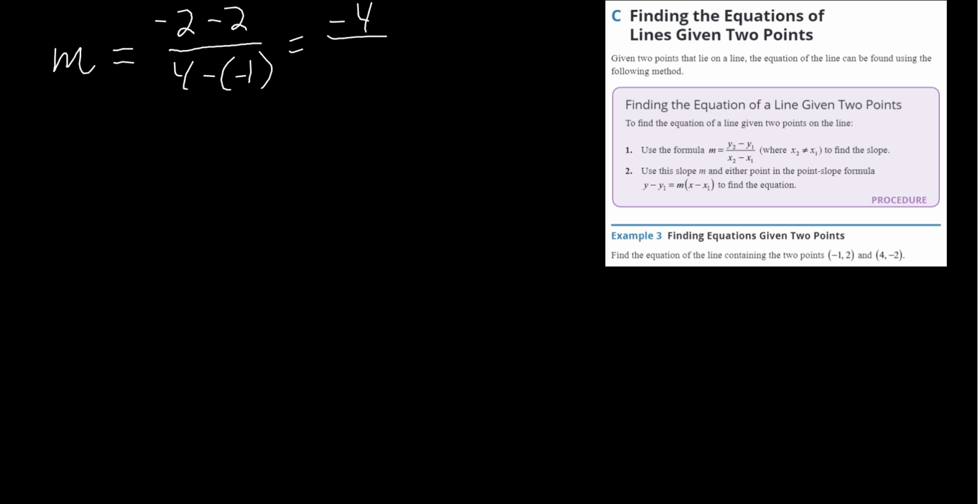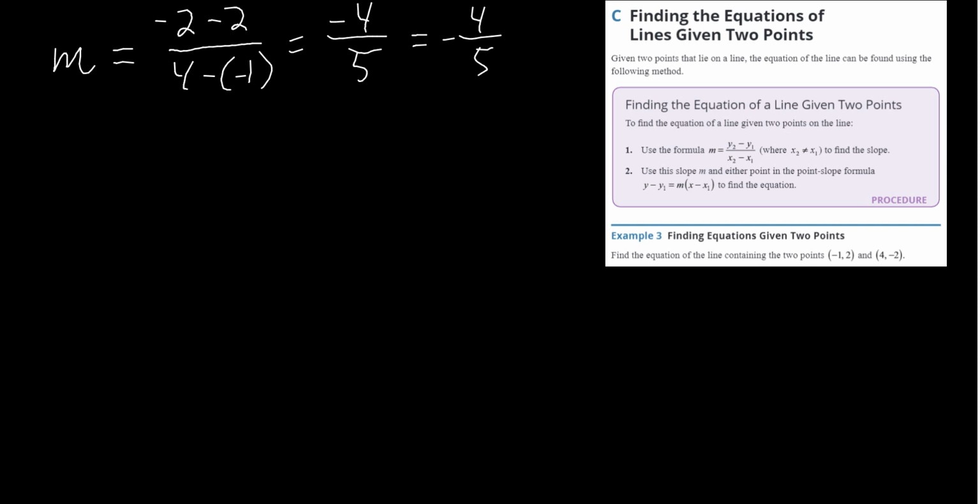And then 4 minus a negative 1 is 4 plus 1, which is 5. And then negative 4/5, well, that's just going to be put the negative out front, negative 4/5. So we have a slope of negative 4/5.